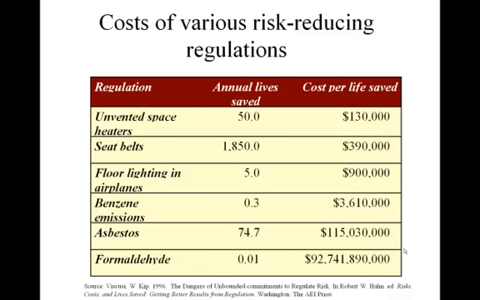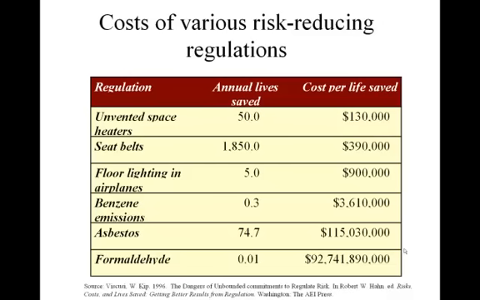Seat belts cost a fair amount. They save 1,800 lives a year, at a cost per life of $390,000. At the other end of things, you've got asbestos policies, which actually save a lot of life, but they're very expensive. So we're seeing a cost per life saved of $115 million for those asbestos regulations.